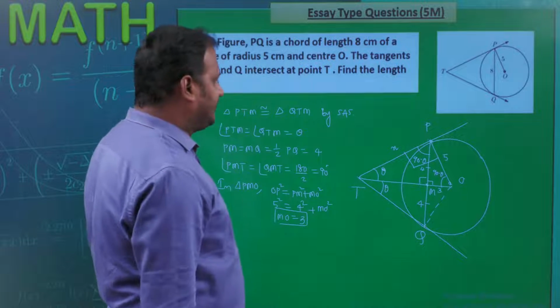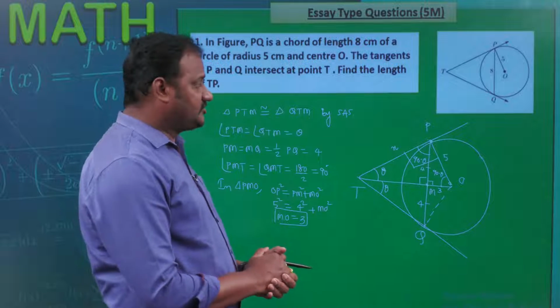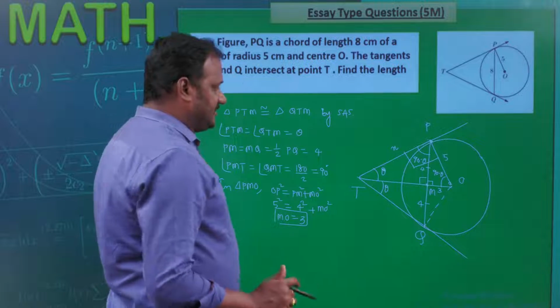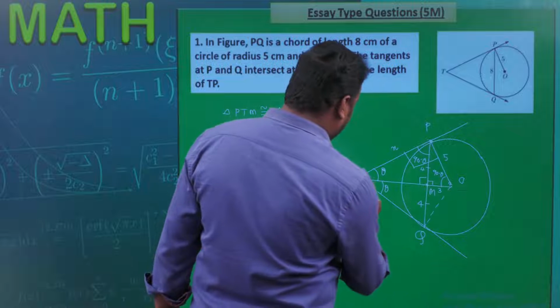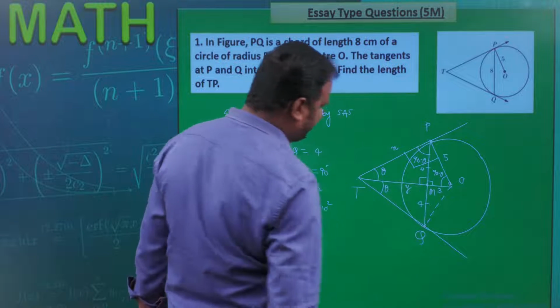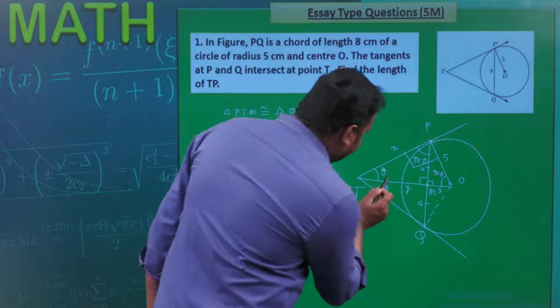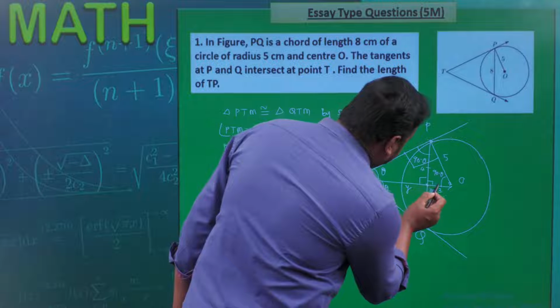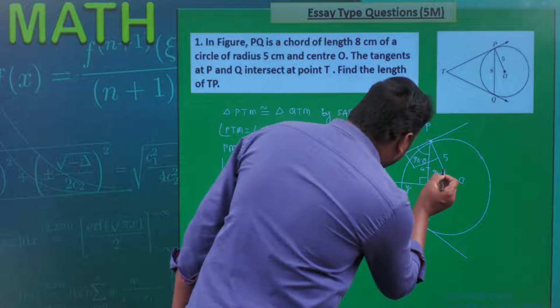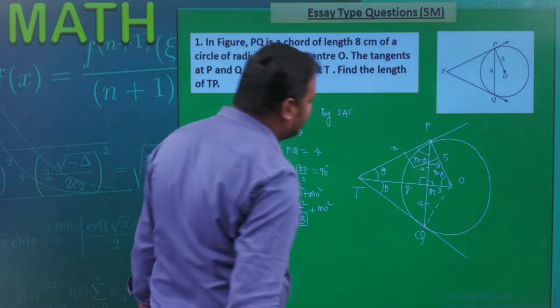Now I have two right angle triangles, and those two right angle triangles are similar. Which two right angle triangles are they? See, this is 3, and I do not know what this TM is. Let TM be some Y. Those two right angle triangles are, here it is theta. It is 90, this is 90 minus theta, it means this is theta, this only angle is theta, correct?